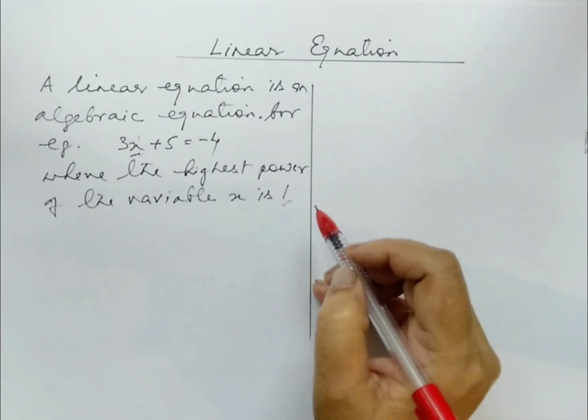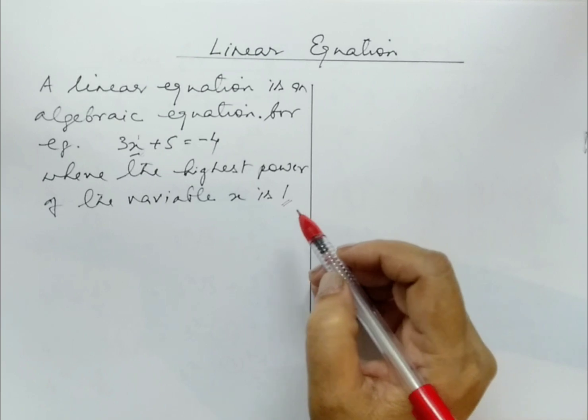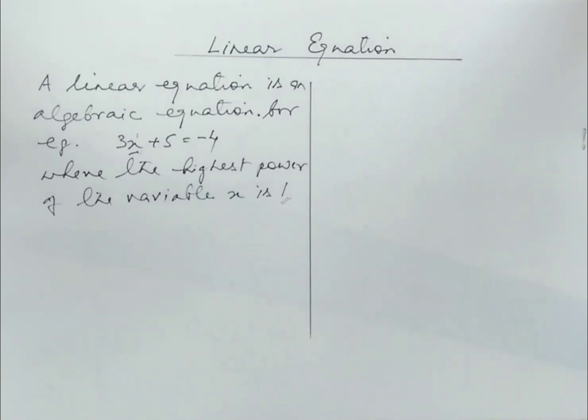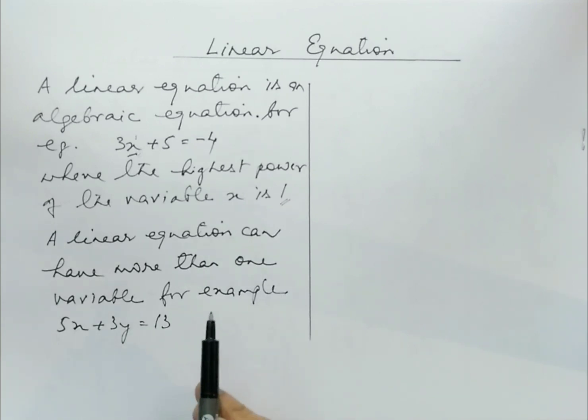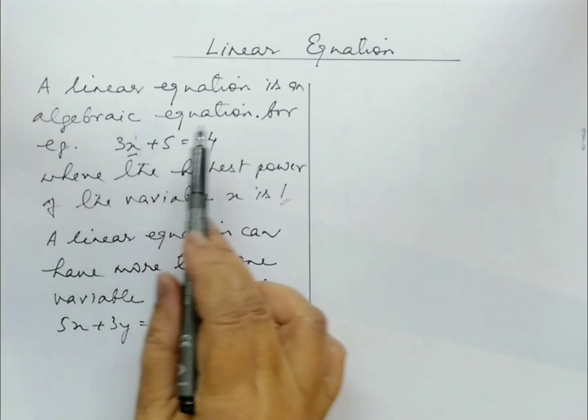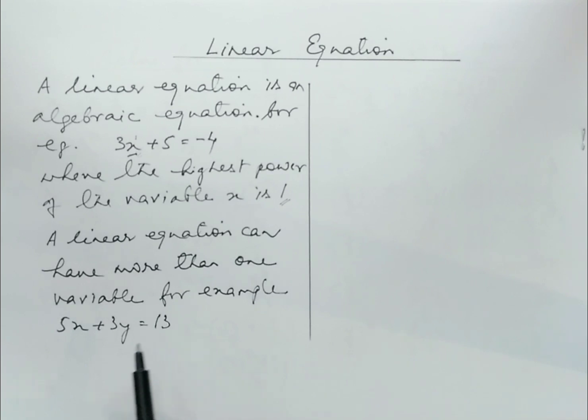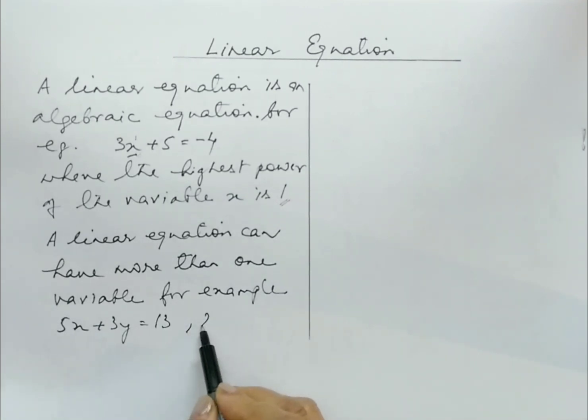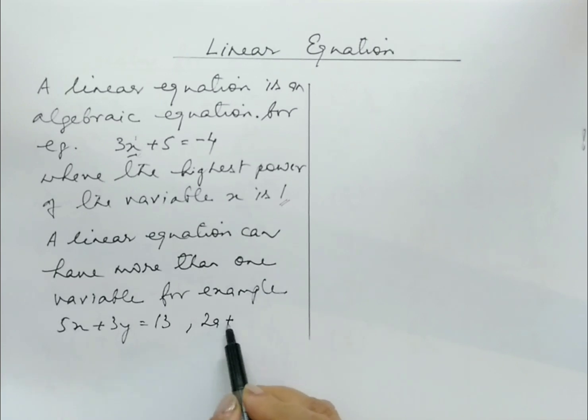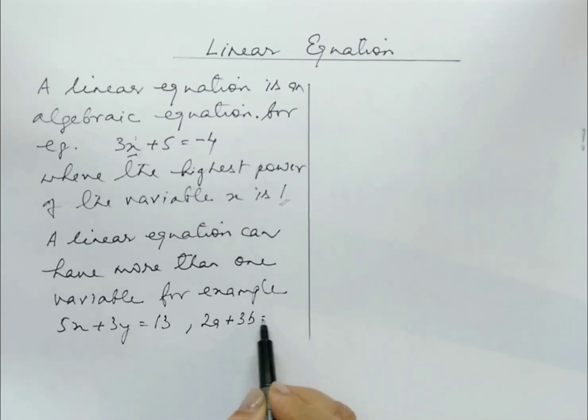All right, now the next thing that we have before you is even more interesting. Just as I was saying, linear equations could come in two variables as well. Say 5x plus 3y equals 13, or we can write say 2a plus 3b equals 12.